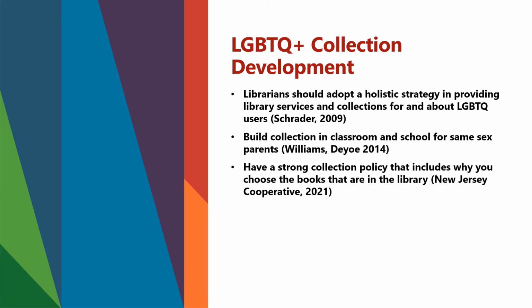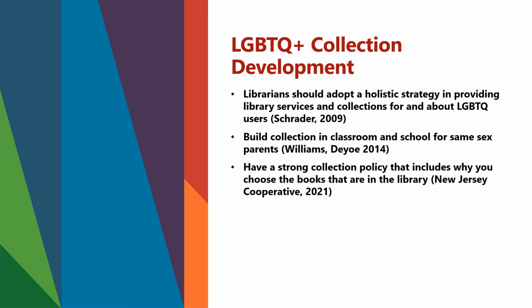In the classroom and in schools, make sure you're building a collection for same-sex parents. Many times there are same-sex parents, and having a couple of books in your library that definitely represent those types of parents and those types of communities is really important.